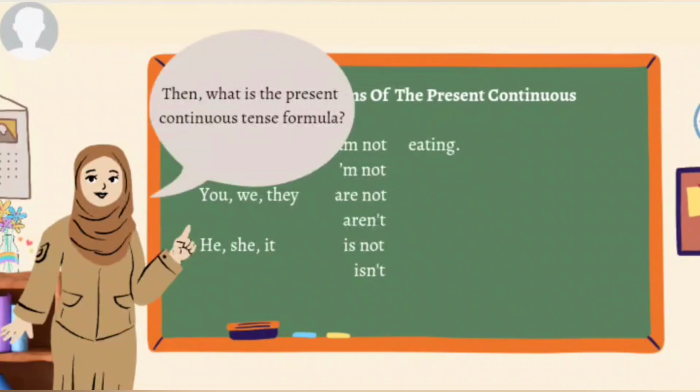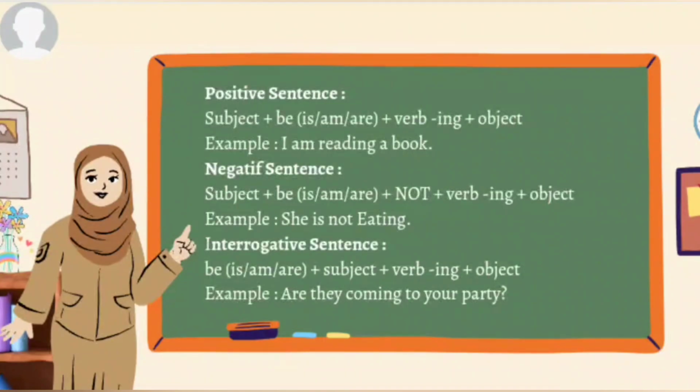Then, what is the present continuous tense formula? The formula in a positive sentence: subject plus be (is, am, are) plus verb plus object. Example: I am reading a book.